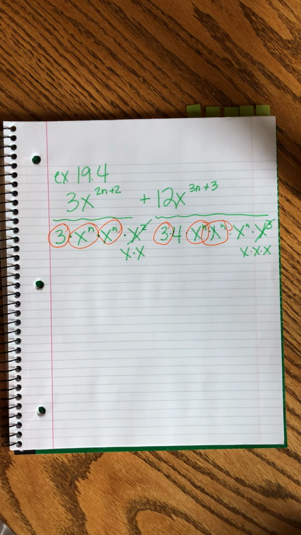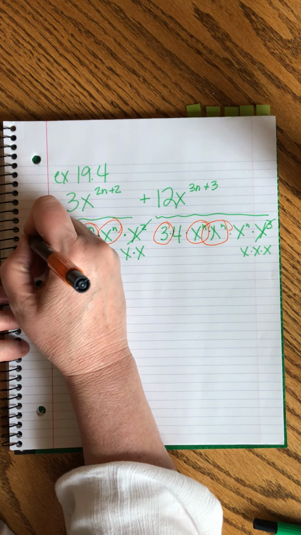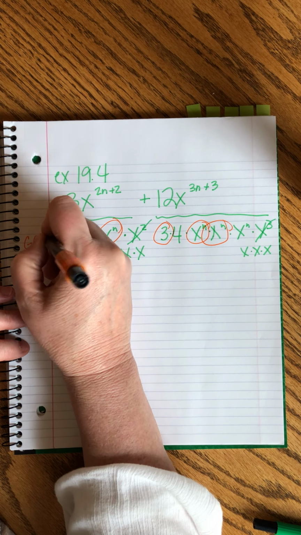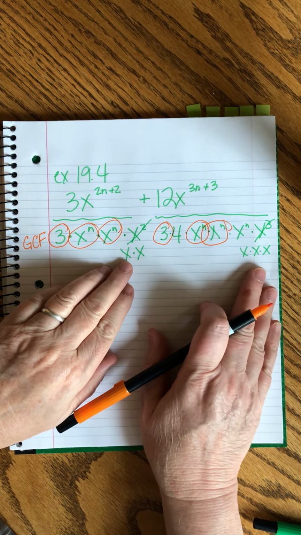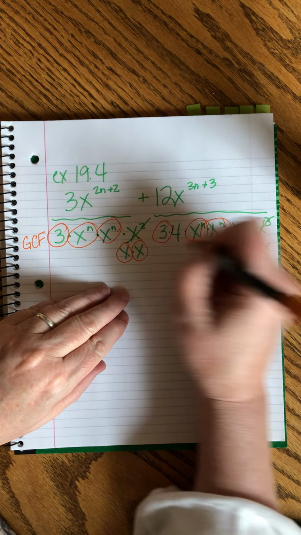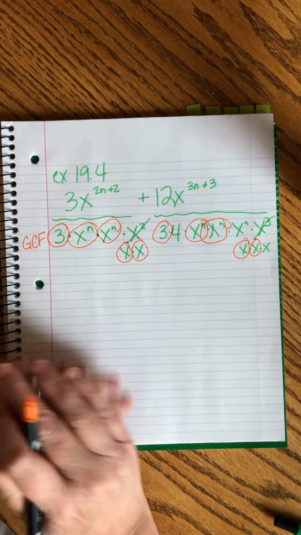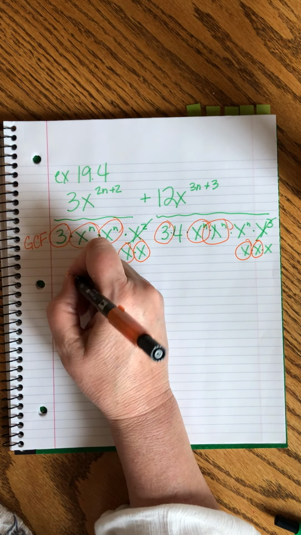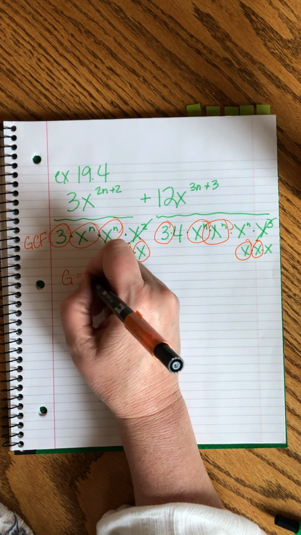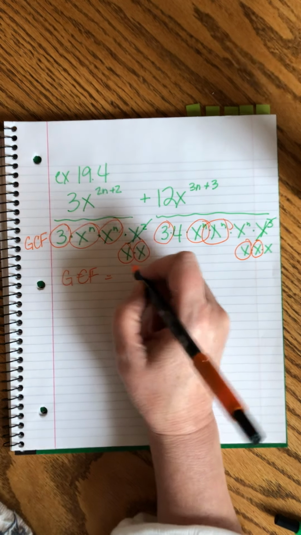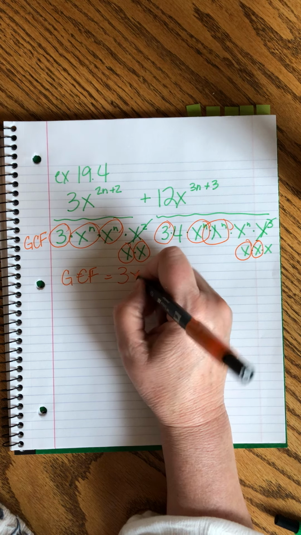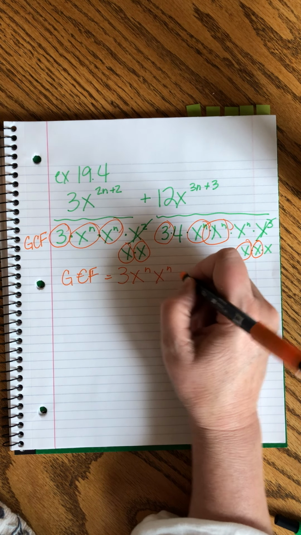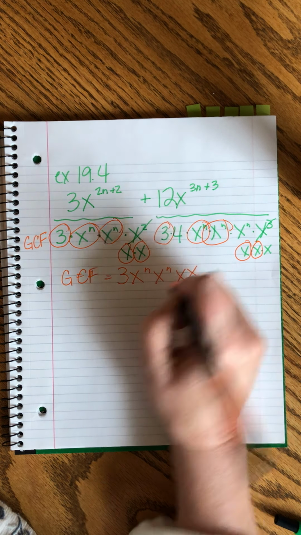I'm finding the greatest common factor, right? Greatest common factor. So I'm done with the x to the n's. Now in these plain x's, there are 2 that they share. So our greatest common factor is 3 x to the n, x to the n, x, x.